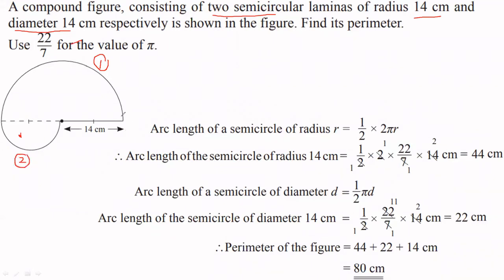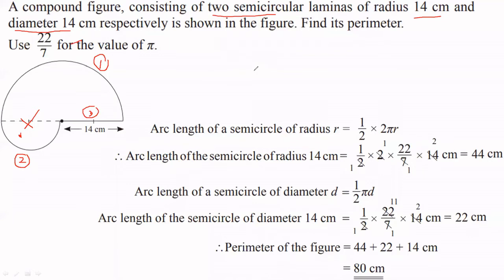Length around the figure, no? We came from here to here. Now to complete the figure, you have to add this part also. Then this is the third line. But you don't add this line because that is in the middle. Don't add that line. Perimeter means length around the figure. So add these 3 parts.